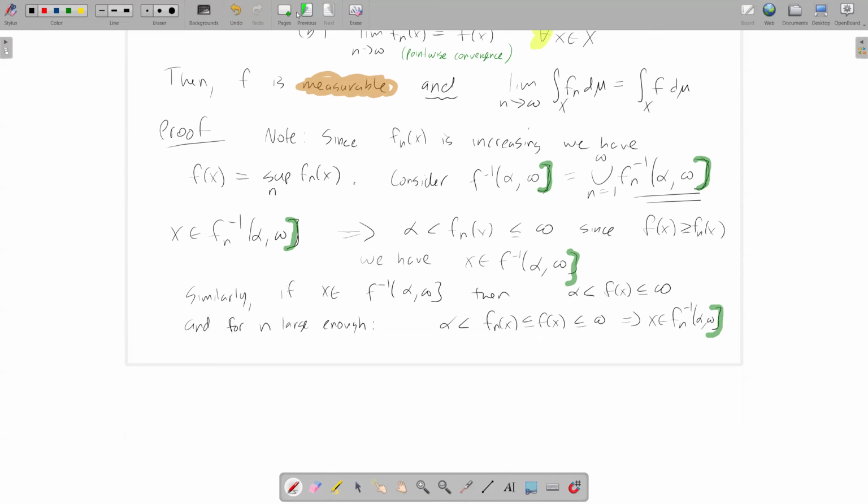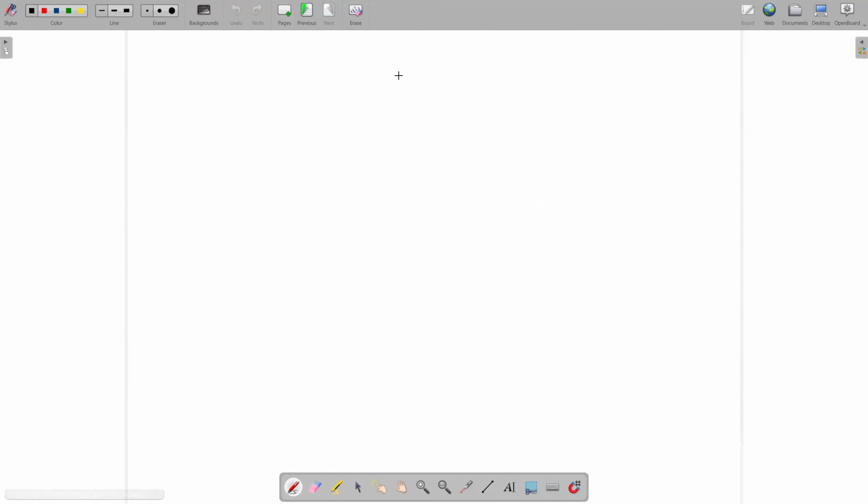So we need to explain why the integral converges the way that I want it to. Okay.